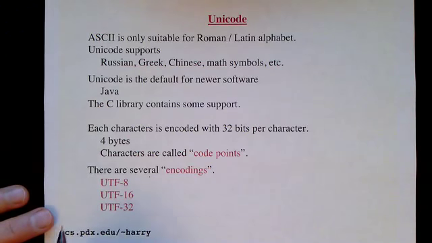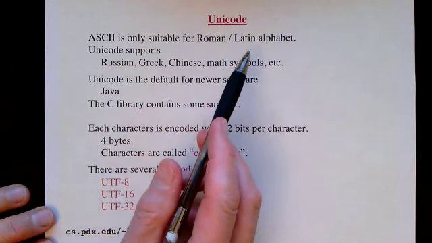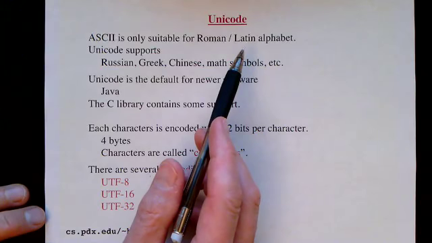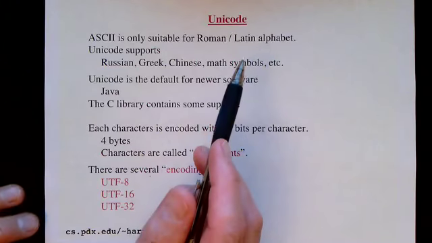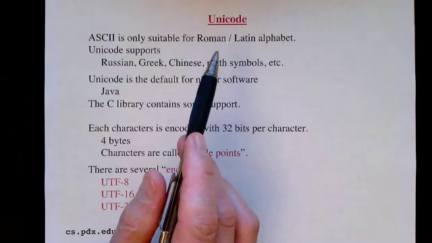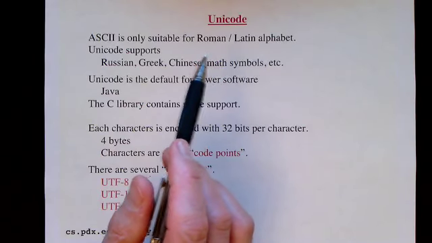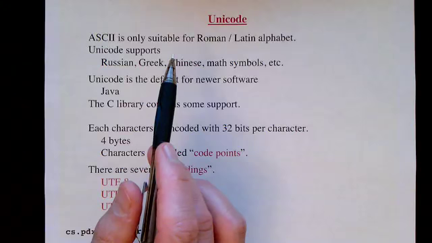The ASCII character set has some limitations. It's only suitable for the Roman and Latin alphabet, and in particular it's best for English. It lacks some of the characters that other Western European countries use, and it lacks everything that the Asian and African countries use. So there is a need for a different character encoding, and so we now have something called Unicode. And Unicode is much more inclusive, and it includes essentially every character that you could possibly think of.